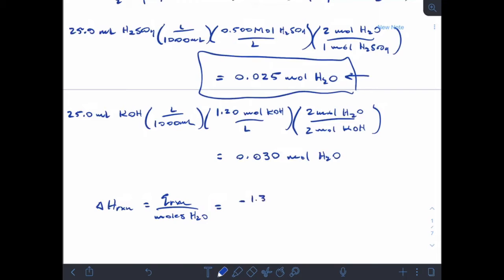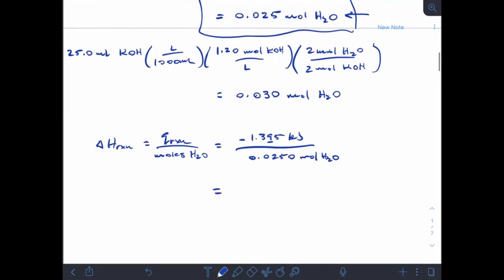So negative 1.395, excuse me, tracking at the 9, not the 3, kilojoules over 0.025, and that actually should be a 0.0250, moles of H2O. Gives us negative 55.8 kilojoules per mole.